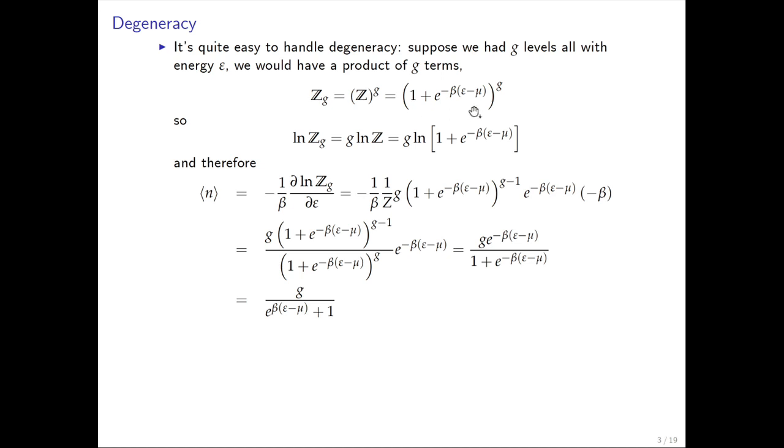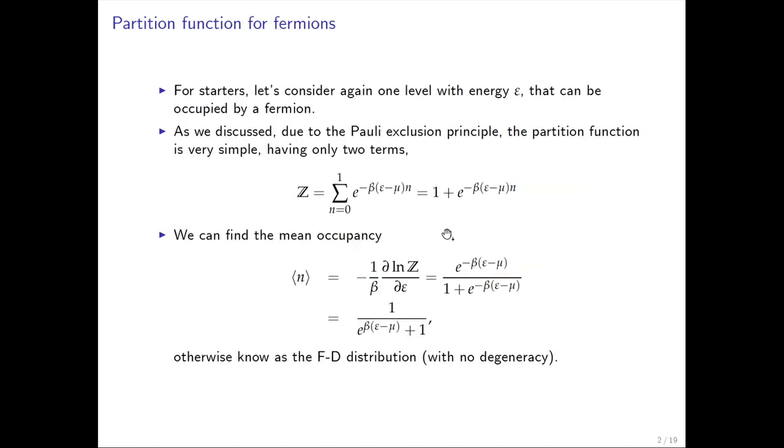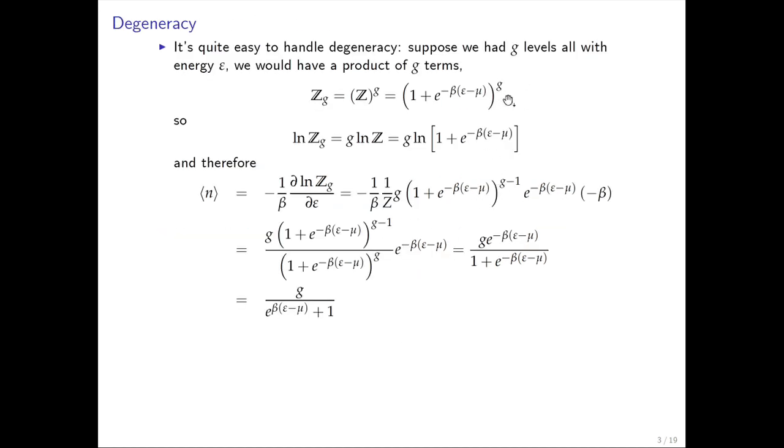And so for our case of the fermion, we would have this here, since we only had one term, and we would just raise that to the power G. And of course, when we take the logarithm of this, we just bring the G out front. And so if we calculate the mean occupation number, we just get this factor of G out front.